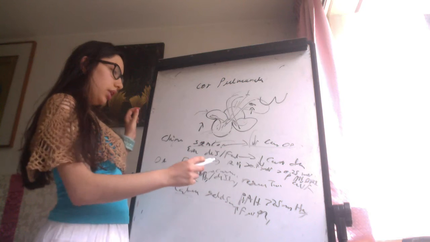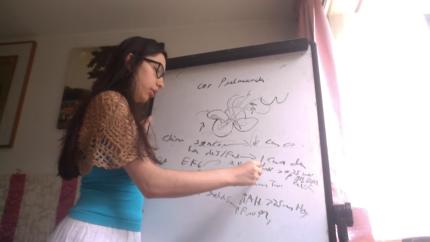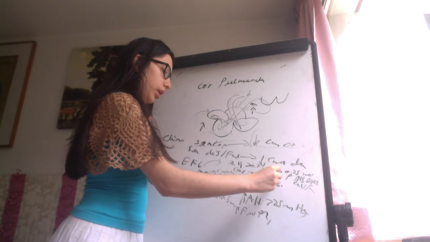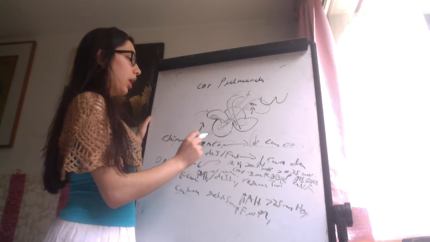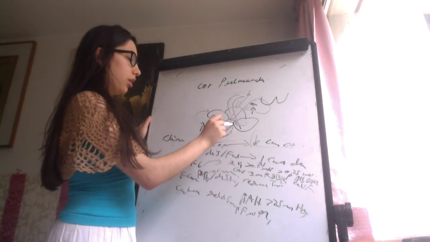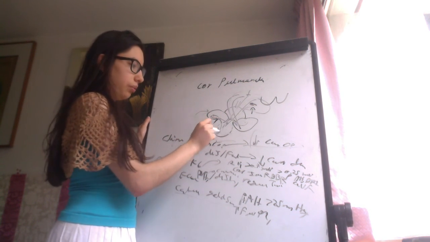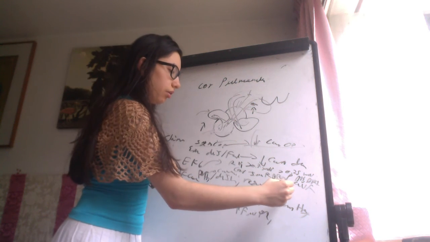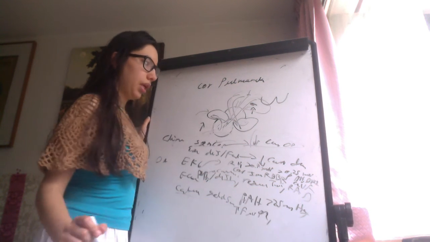And sometimes we can see complete or incomplete right bundle branch block, and because there is an increase in the myocytes of the right ventricle, we will see right axis deviation.